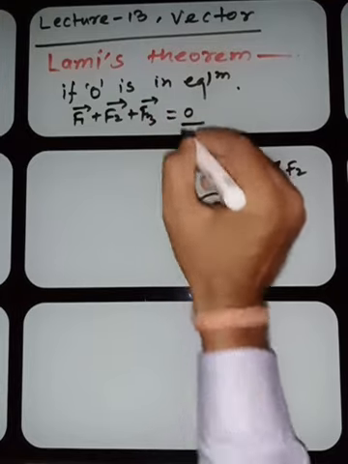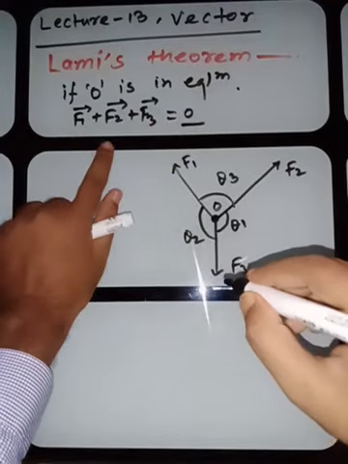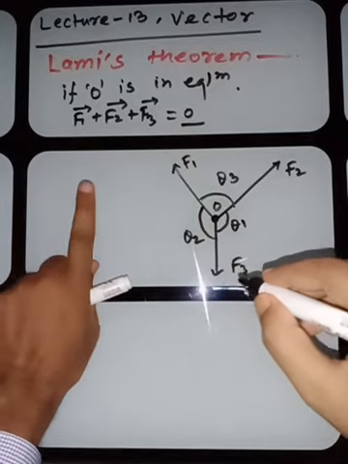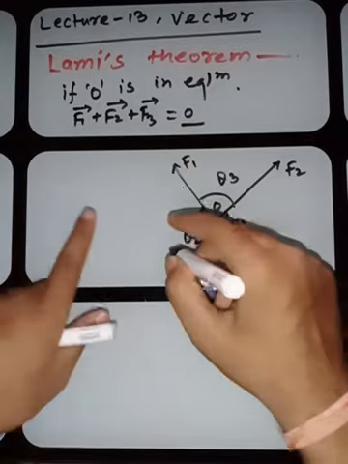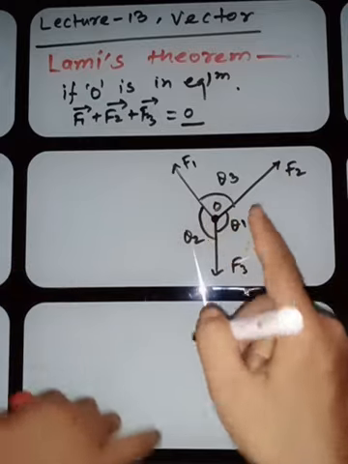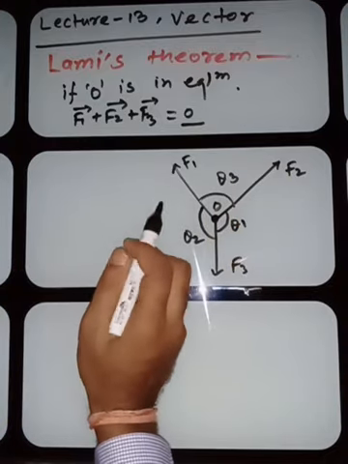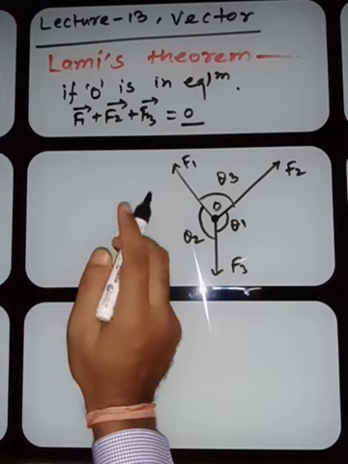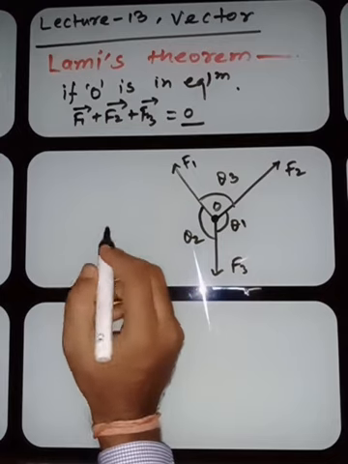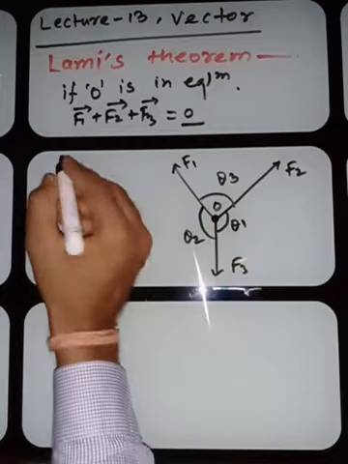It is 0. If F1 plus F2 plus F3 is 0, then only we can apply Lamy's theorem. And this theorem tells you the ratio of forces with the sine of angle. It is proportional.